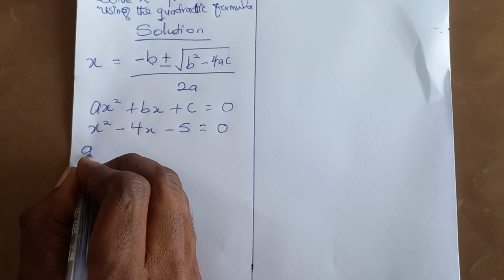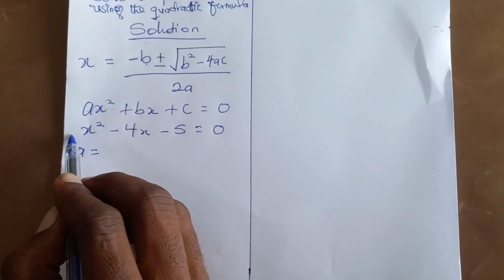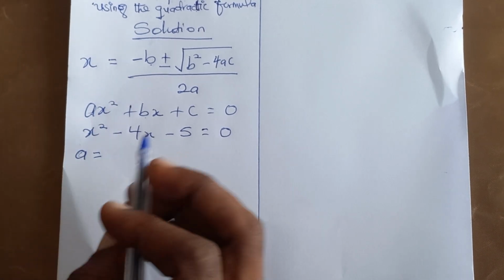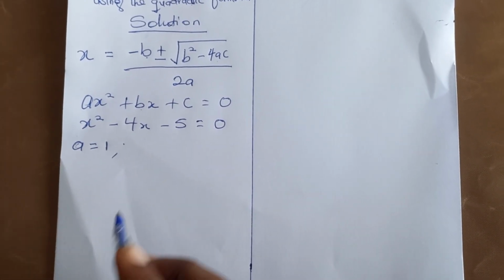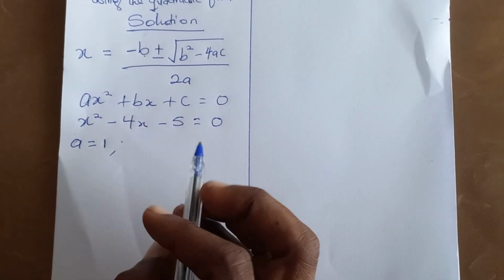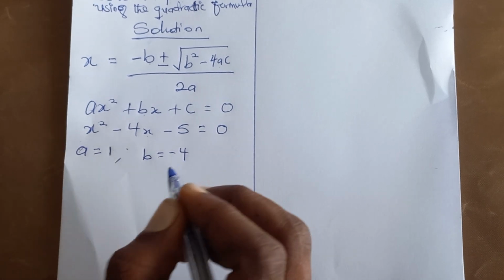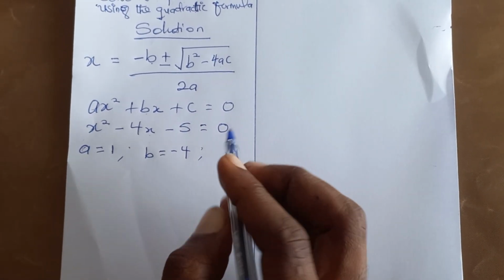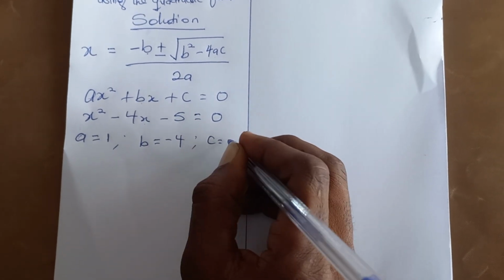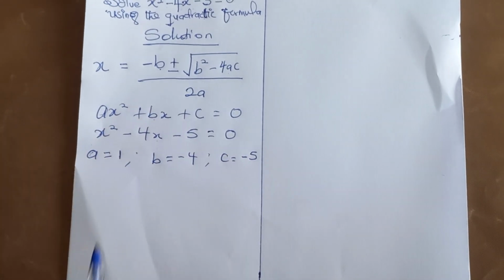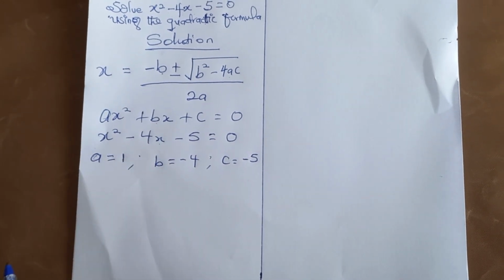So we compare now our a, the coefficient of x squared is 1, so a is 1. And also the coefficient of x is negative 4, so we say that b is equal to negative 4. And the last one, our constant term, which is c, is equal to negative 5. So we are going to plug these values into the quadratic formula.